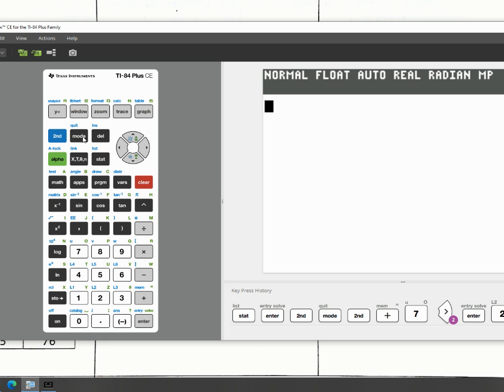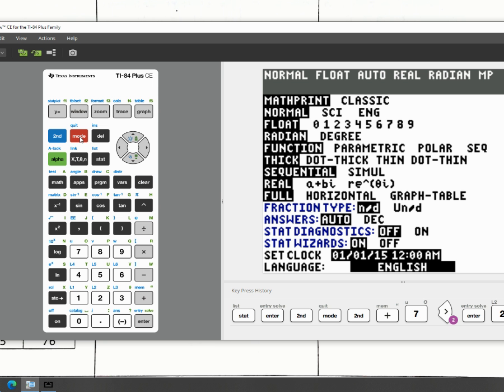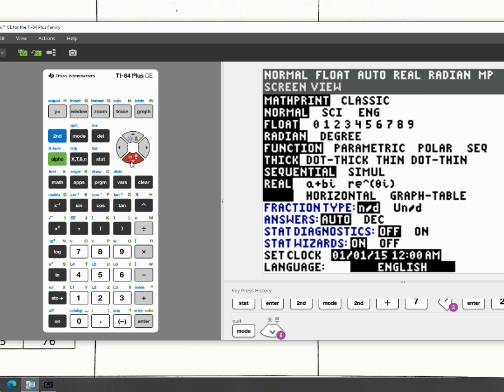Go over to Mode, and scroll down to this thing called Stat Diagnostics, and turn it on. So scroll over to On and push enter. You won't find this in your notes, and the reason is it's not absolutely mandatory. But I like to look at it, and there's something I like to show you about it. So Stat Diagnostics on. Now, everybody got that done?